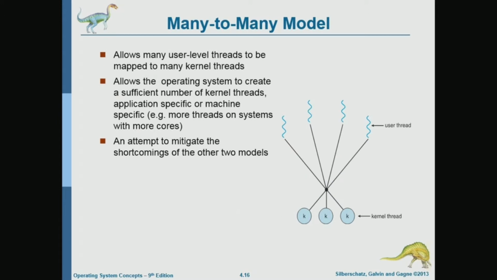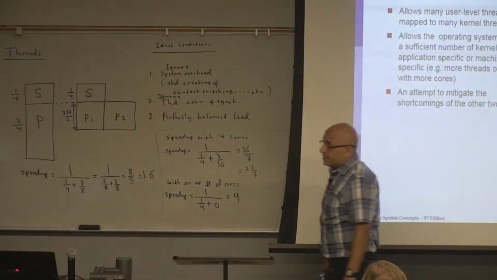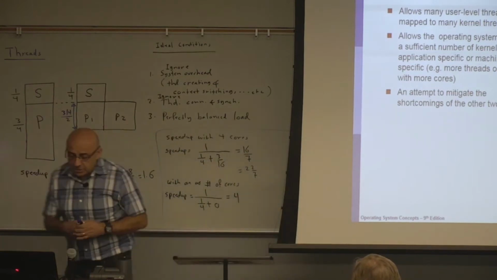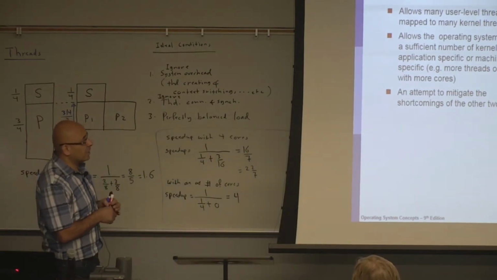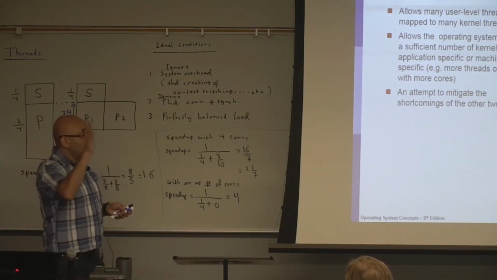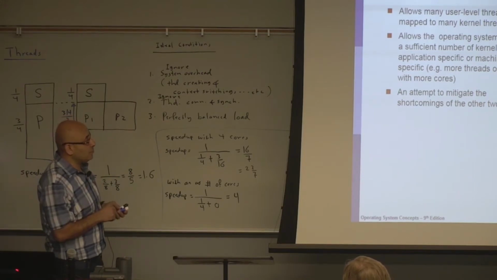So in order to limit the number of kernel-level threads, we may map an arbitrary number of user-level threads into a fixed or limited number of kernel-level threads. So in this example, I have 4 user-level threads that are mapped into 3 kernel-level threads. So this will try to achieve a balance between many-to-one and one-to-one.